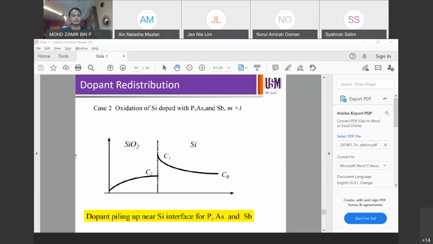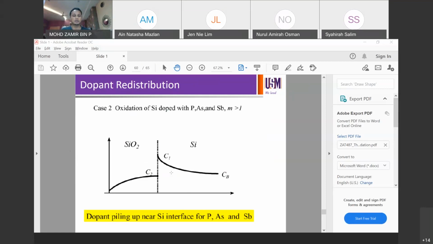So on the other hand, if you talk about N-type dopants such as phosphorus, arsenic, antimony, the M of these dopants is more than 1. So what's actually happening at the interface here, the vertical line? The same, just like the previous one. Oxide is on the left, silicon is on the right.